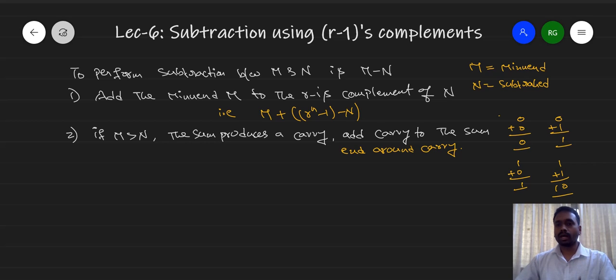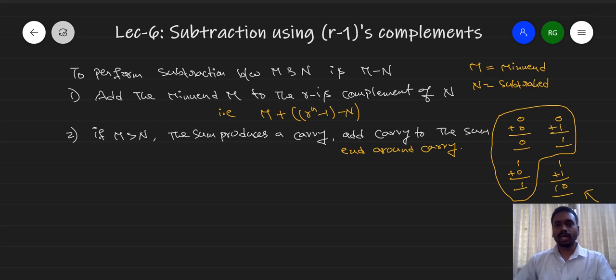Except in the fourth combination, sometimes the result may exceed 1 bit. That extra bit is called carry. So in the second point we are saying if m is greater than n, the sum produces a carry, and that carry is again added to the sum, and that's our result.